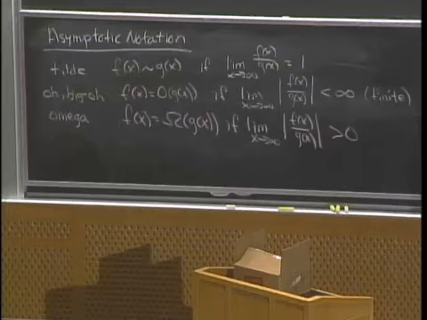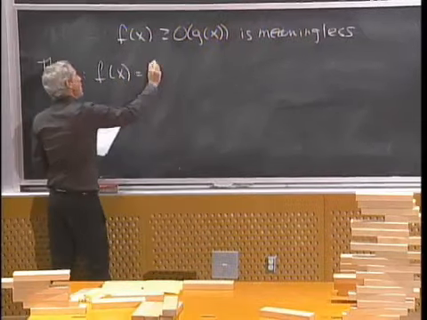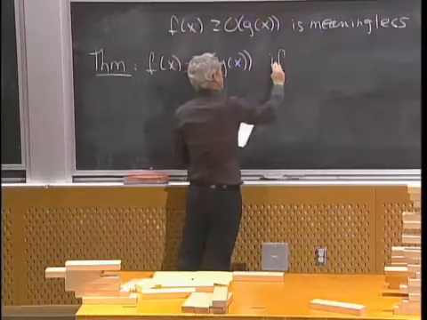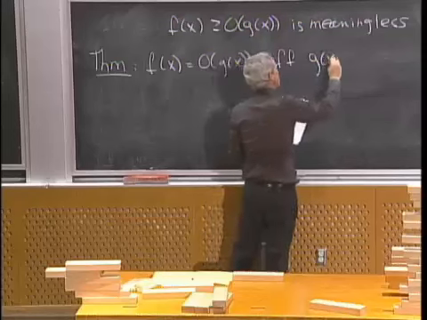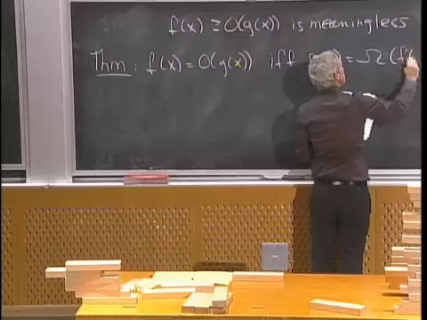In fact, we'll state a theorem. Not hard to prove. We won't do it. f of x equals O of g of x if and only if g of x equals big omega of f of x.